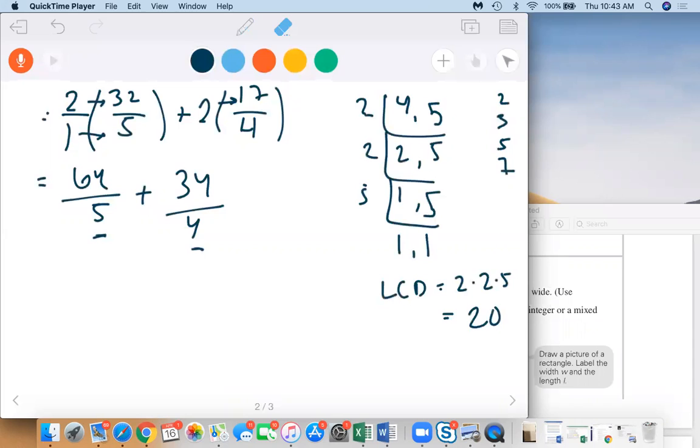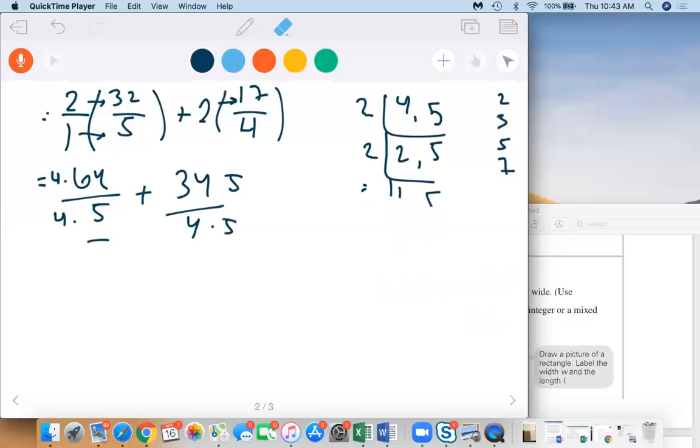So in order to make this fraction have a denominator of 20, I need to multiply by 4 on the bottom and on the top. And on this side, I need to do 5 on the top and the bottom. Let's go ahead and erase this so we've got room to work. So that means we have 4 times 64, which gives us 256.